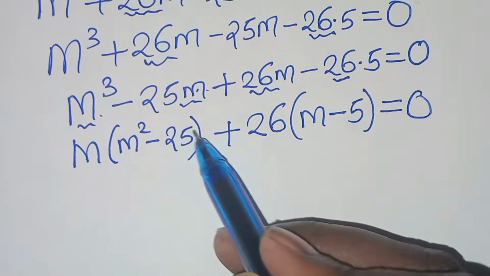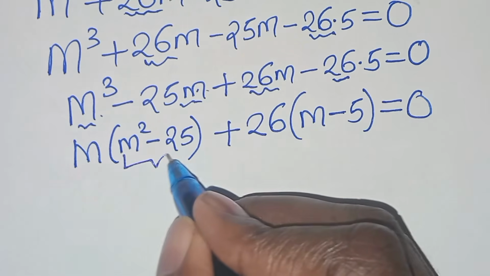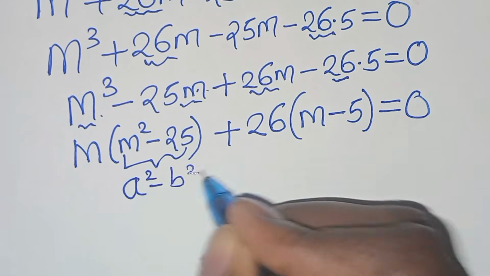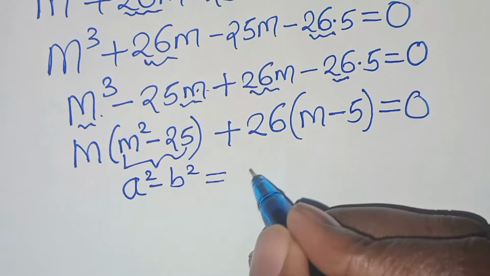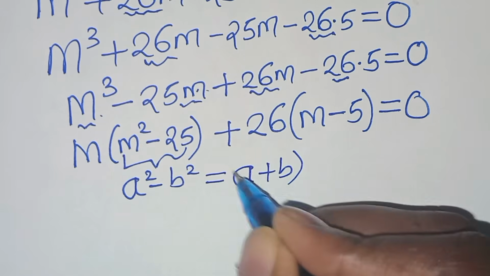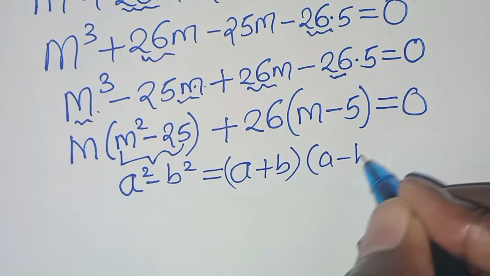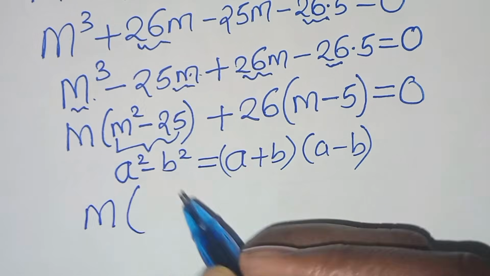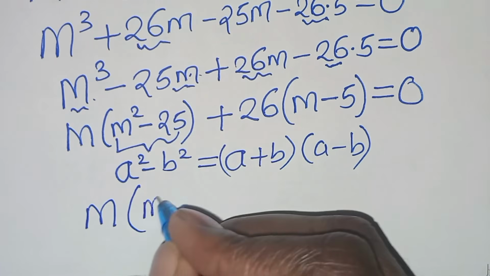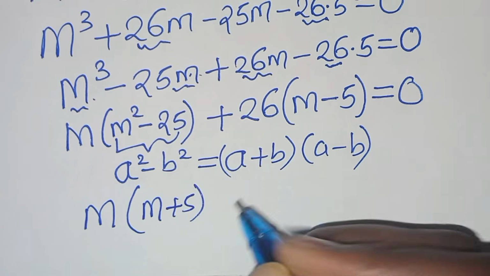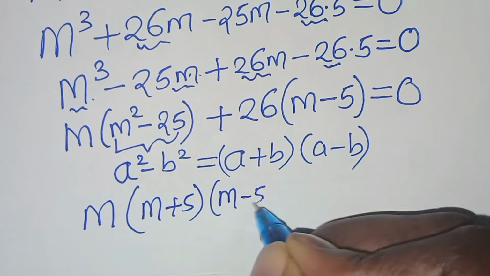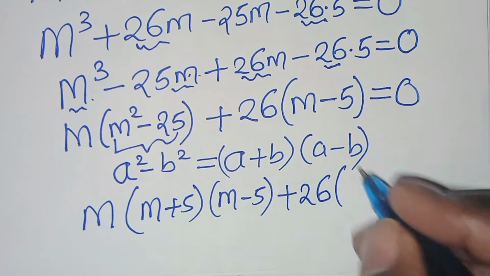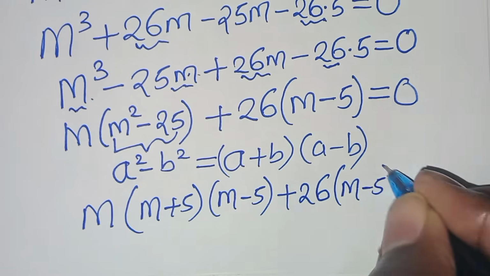So m squared minus 25 is actually the difference of two squares, expressed as a squared minus b squared. So we can express this as a plus b, a minus b. This implies that we have m into the parentheses m plus 5, m minus 5, then plus 26 into the parentheses m minus 5, close the bracket.